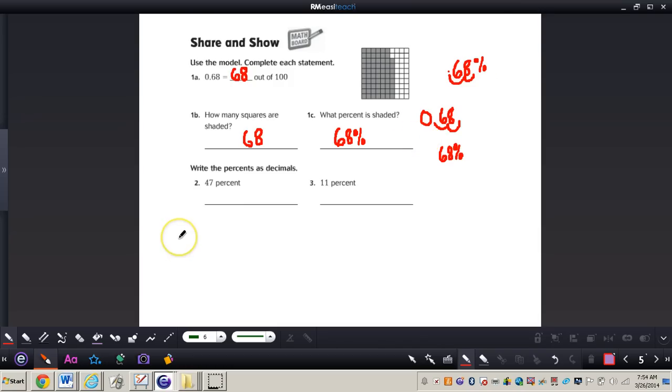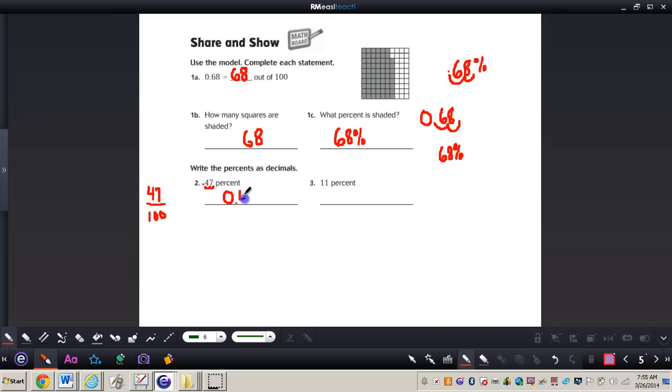Okay, number 2, let's take a look at that. Write the percent as a decimal. So we have 47%. You need to think about 47% also does mean 47 out of 100 or 47 hundredths, or if you take the decimal point for percentage, you move it 2 places to the left, right in front of that 47 there.